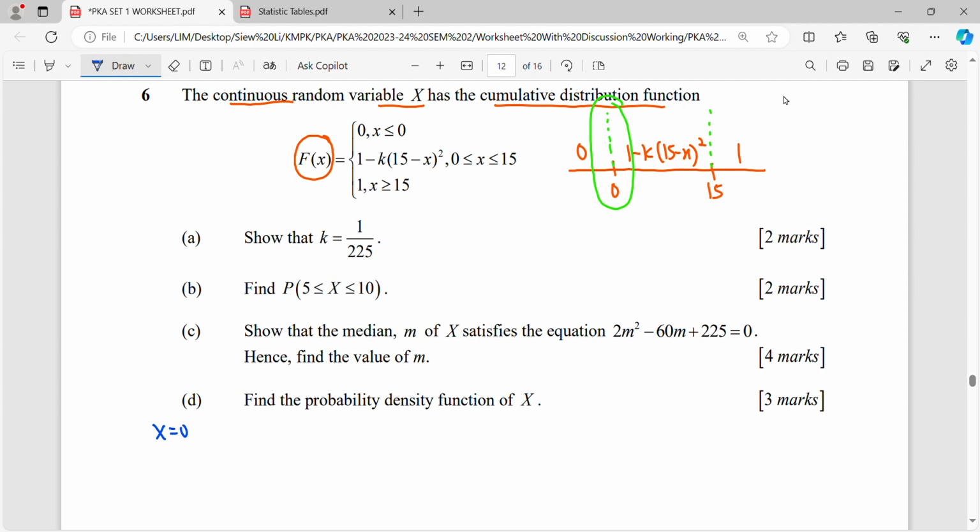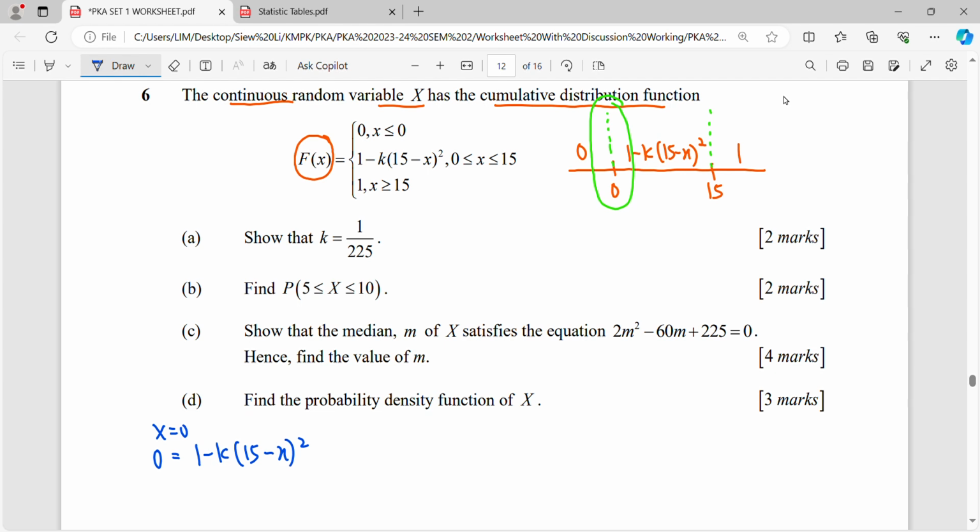Left hand side is 0. Right hand side is the function 1 minus k times (15 minus x) squared. So make sure at coordinate 0, the point and the function can be joined, so their coordinates must be the same.